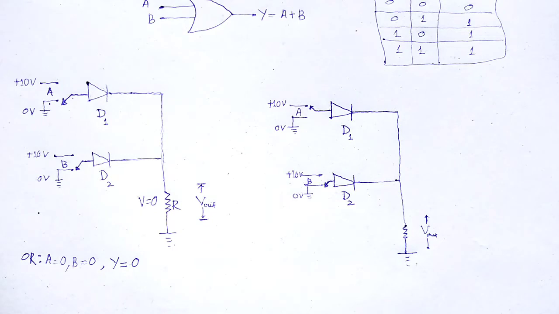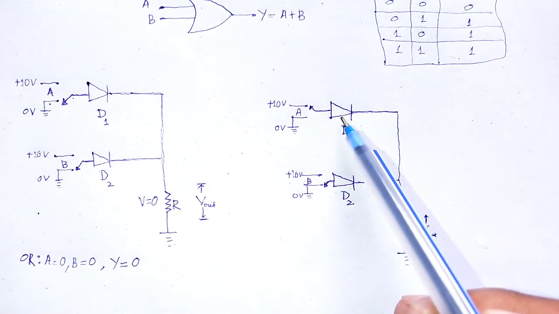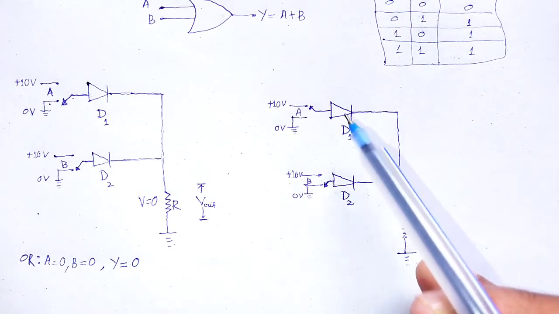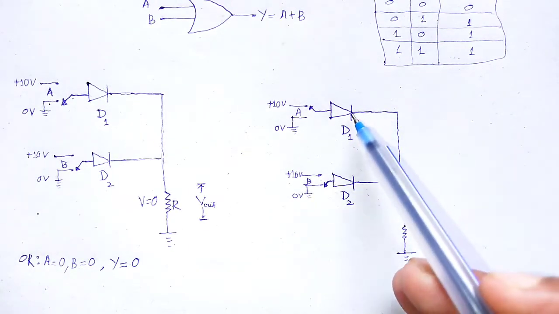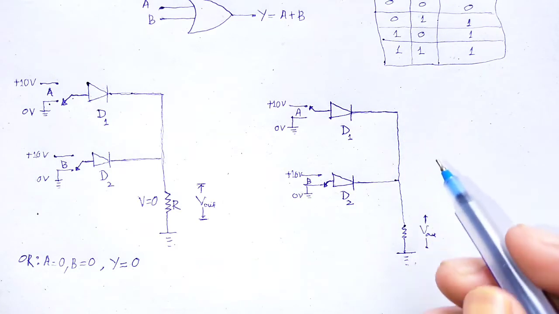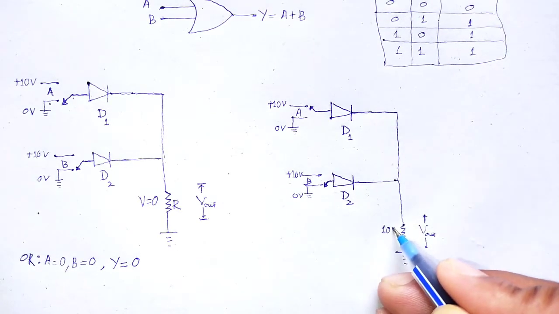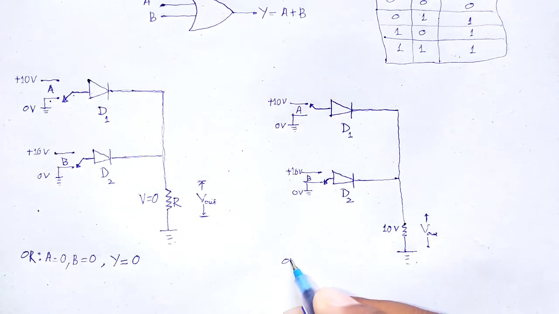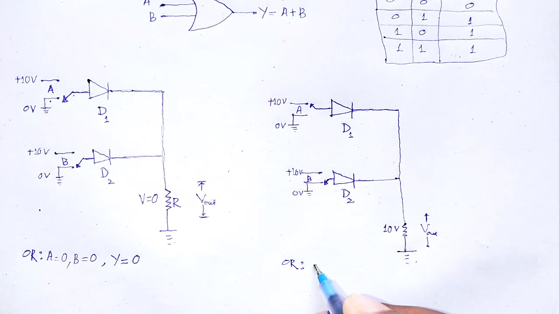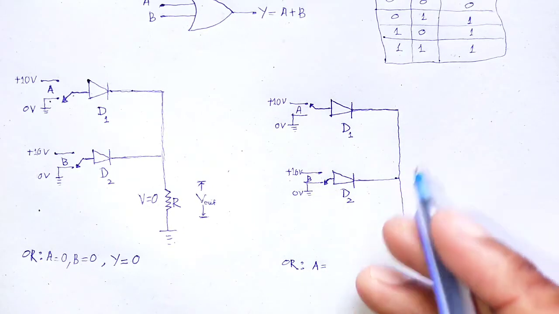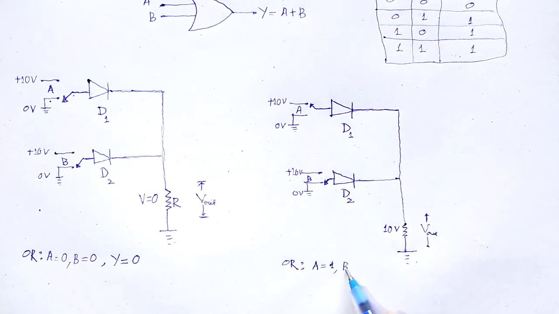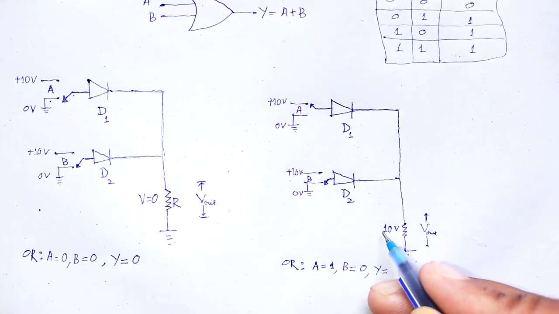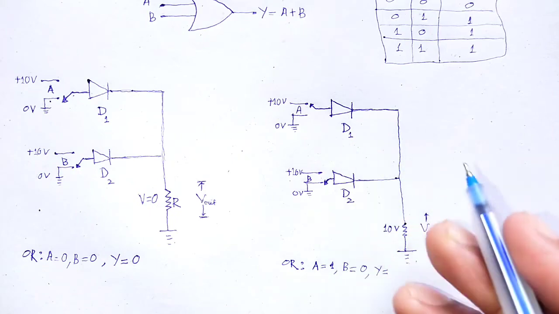Same condition: that one is forward bias, that one is reverse bias. Here is the position on, here is the position off. Therefore, the potential drop across V output is equal to 10 volt. So for the condition A is equal to 1, B is equal to 0, Y is equal to 10 volt, that is represented as 1.